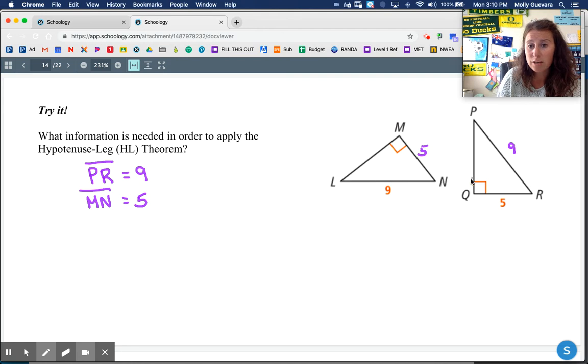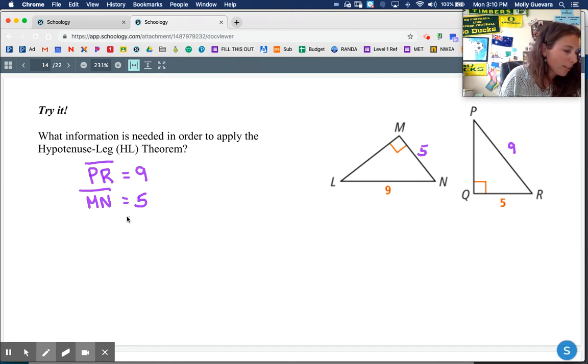Because it's a right triangle. The hypotenuse is the same in both, and one of the legs is the same in both. So this is the information I would need to know in order for these two triangles to be congruent by HL.